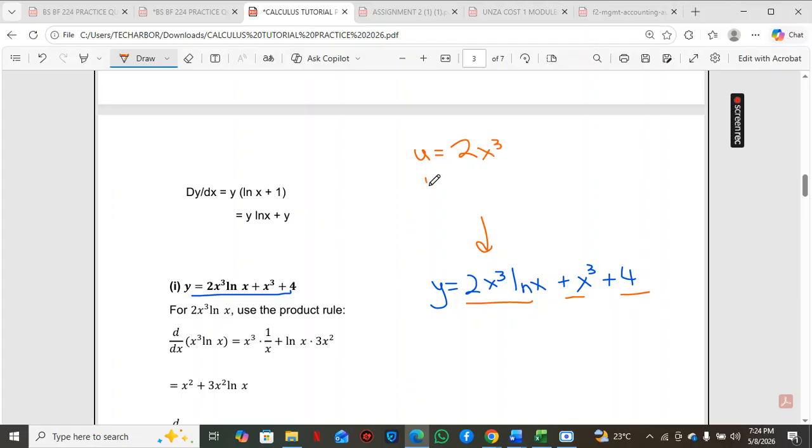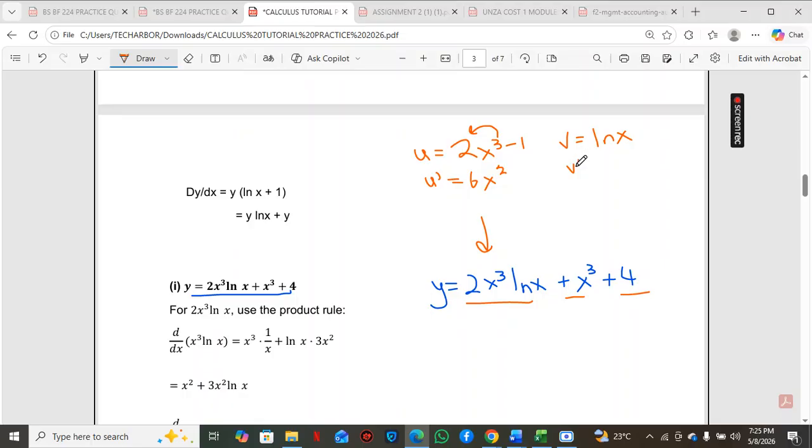Then you're going to say u prime, meaning we're going to derive this 2x cubed. Remember, 3 times 2, that is 6x. Then subtract a 1, 3 minus 1, that is 2. So we have 6x squared. Our v is the natural log of x.